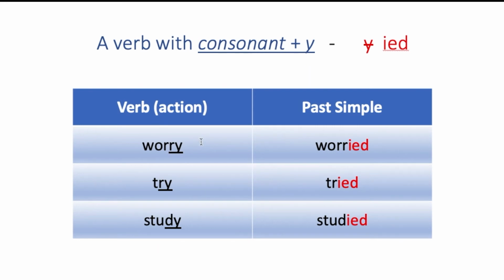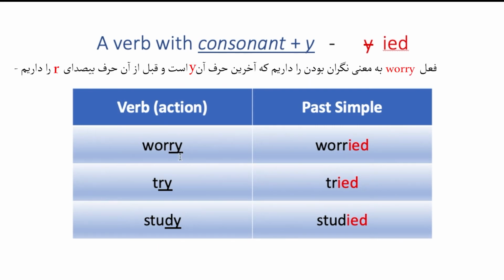For example, the verb worry, the last two letters are R and Y. R is a consonant, okay, so you have consonant and Y. So when talking about the past, IED, worried, and you can see there is no Y in the past.